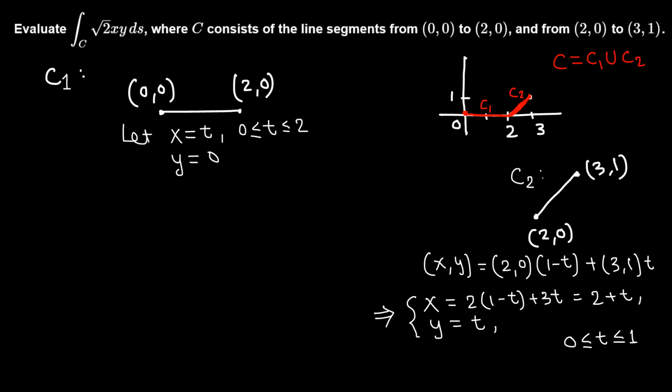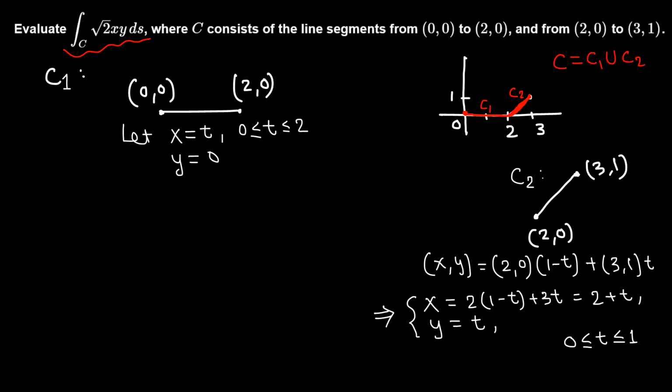To find this line integral, we can find the corresponding line integrals over C1 and C2 and add them. Okay, so at C1, let's parameterize this curve. C1 is just a line segment from the origin to (2, 0). If you look closely, the y coordinate is not changing, so y is 0.